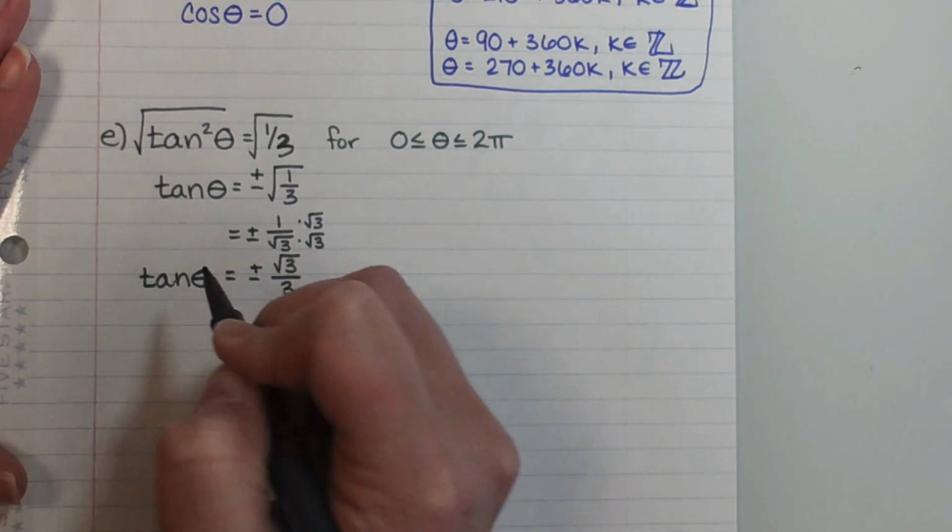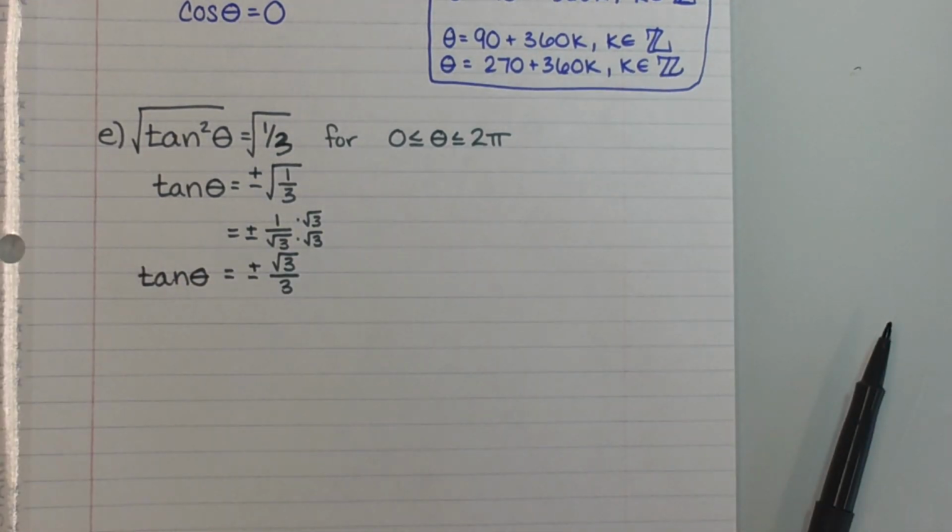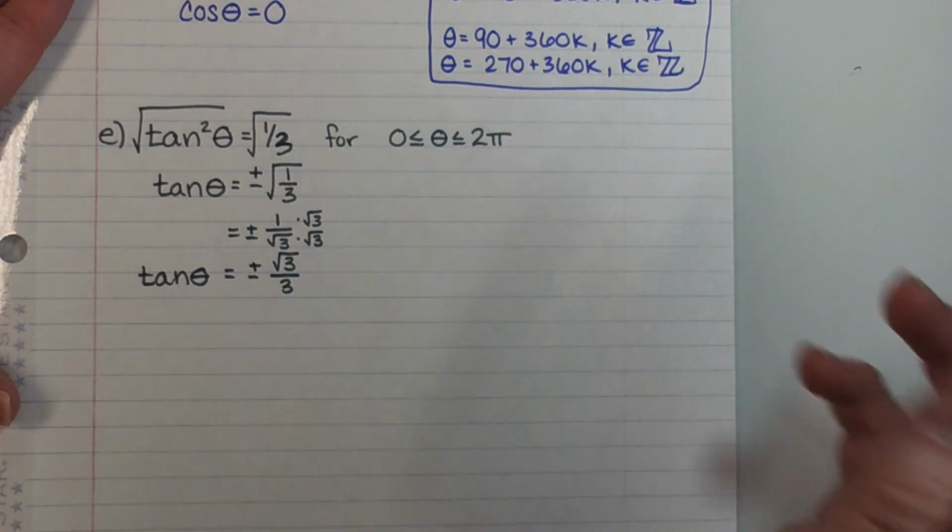But remember, oops. Wait, no, I did that right. Remember, tangent was never what you were actually solving for, so go to your unit circle, find where tangent is square root of 3 over 3 and a negative square root of 3 over 3.